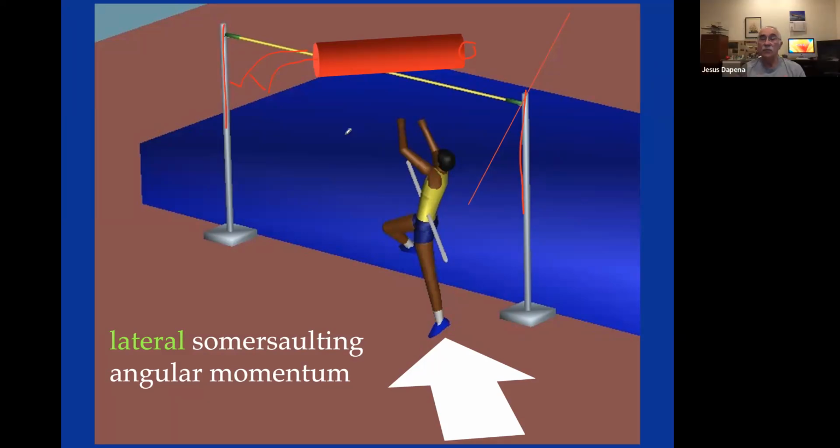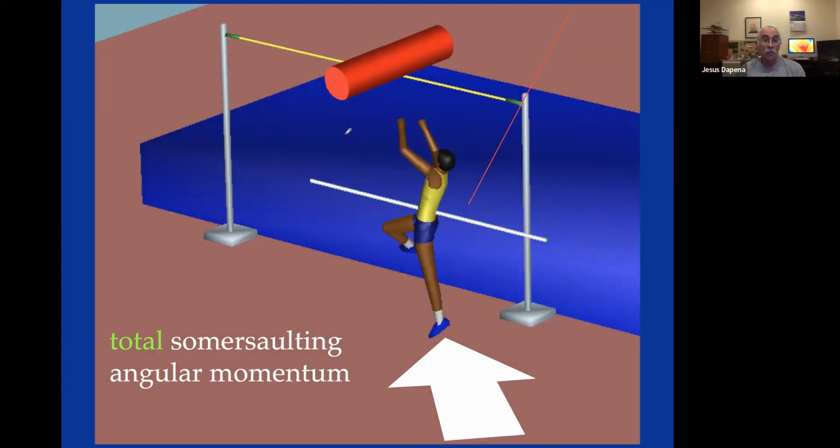So what our high jumper will do is produce forward somersaulting angular momentum and lateral somersaulting angular momentum at the same time. When you combine the two, the athlete will look like you see here, which is the position that the athlete wants. So you need forward somersaulting angular momentum and lateral somersaulting angular momentum to produce total somersaulting angular momentum.